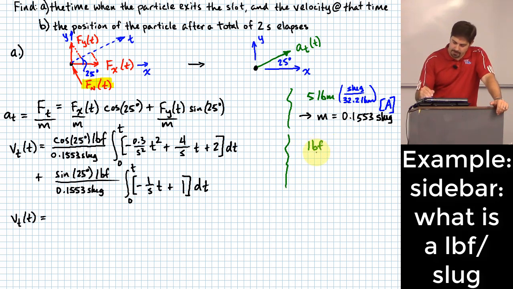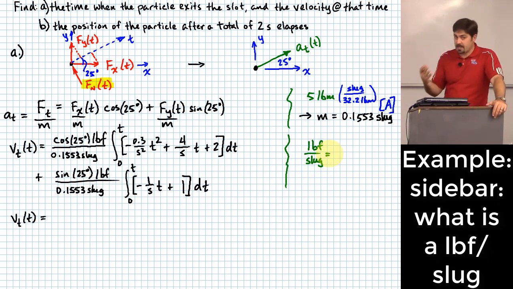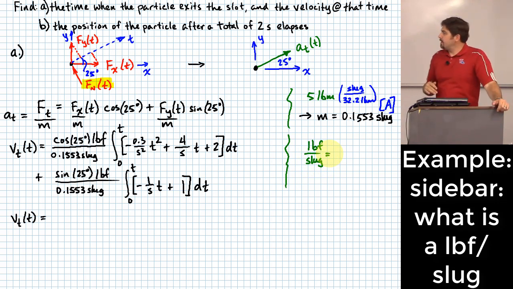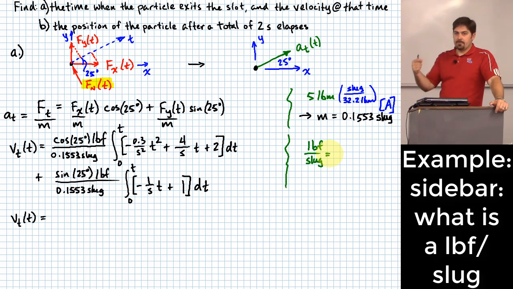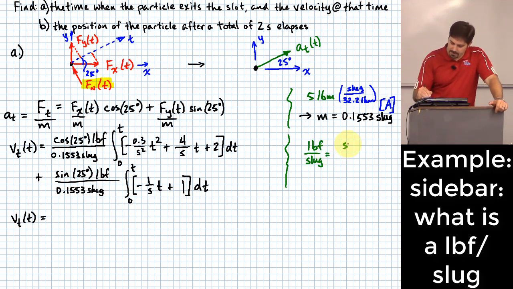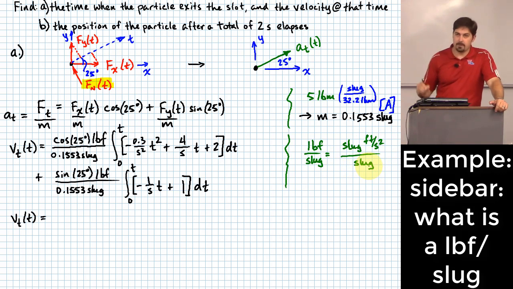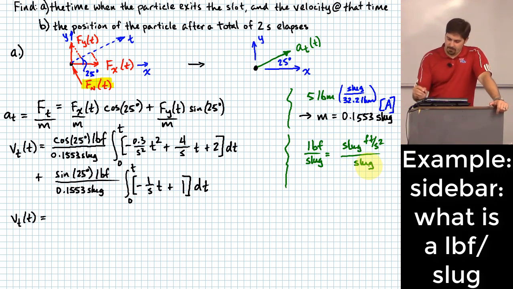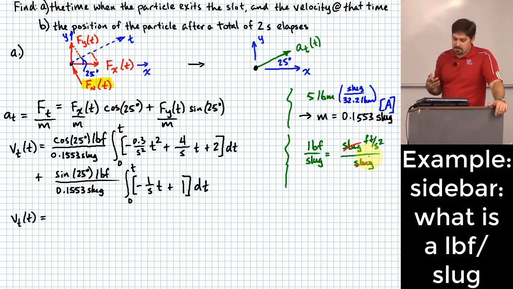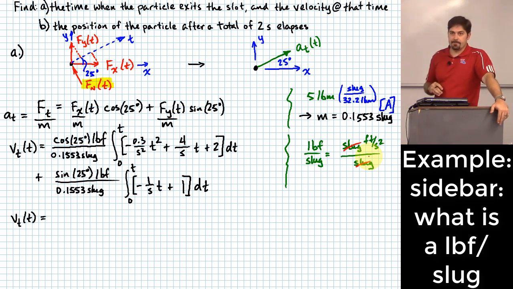The definition of a pound force is a slug foot per second squared. So this is going to be equal to slug foot per second squared per slug, which means that the slugs just cancel out, and if I have pound force per slug, I'm just left with foot per second squared.